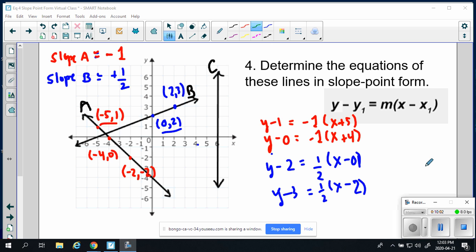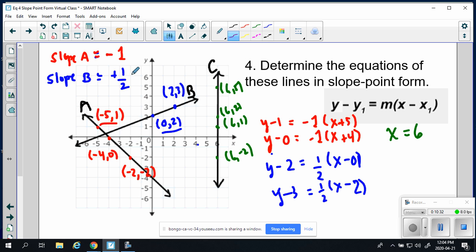So to write the equation for line C, as a reminder of what this means, if you start to label the coordinates here, this is 6, 1, this is 6, 2, this is like 6, 5, 6, -2. No matter what point you pick on this line, the x value is 6. And that's why the equation of that line is x equals 6.